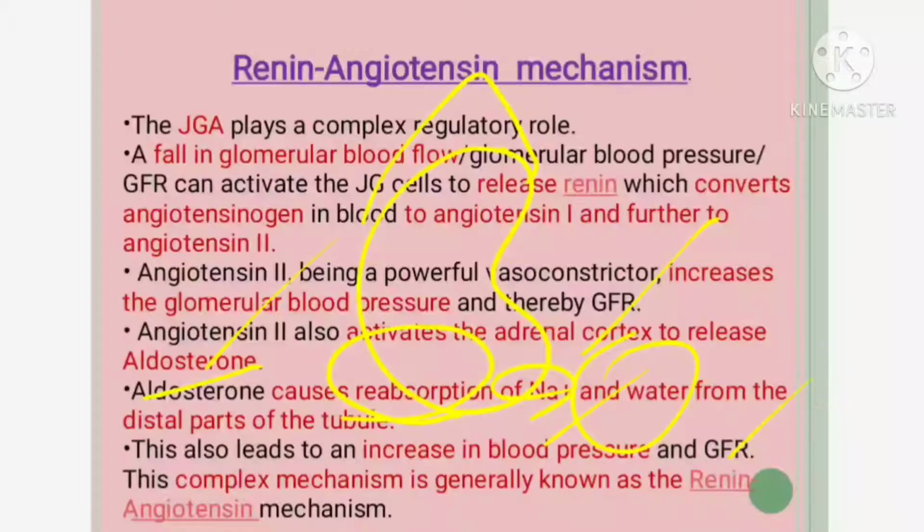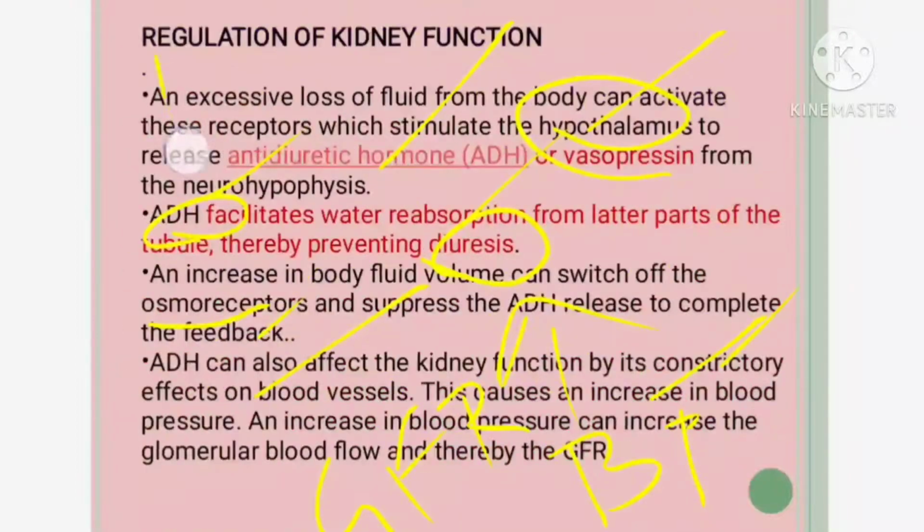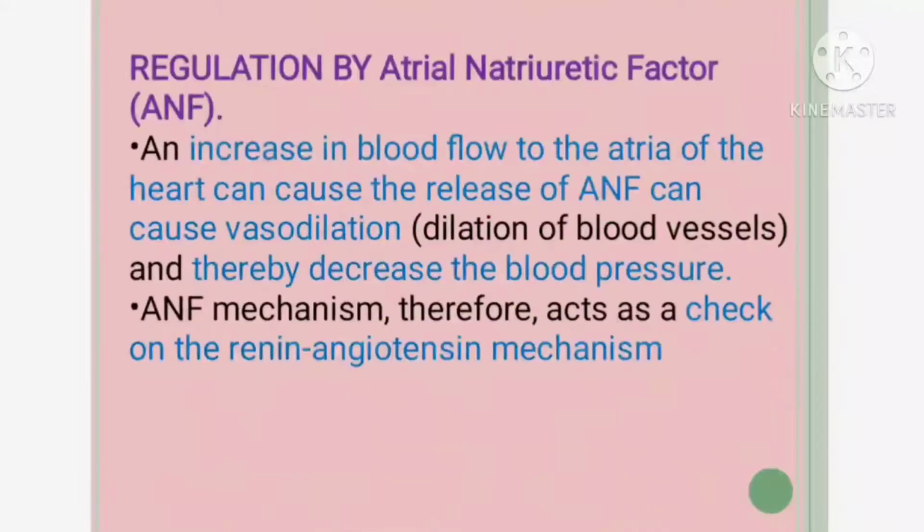I told you how. This complex mechanism, we call it what? Renin angiotensin mechanism. Clear? So the first one was ADH regulating the kidney. Both are increasing the blood pressure, increasing the glomerular filtrate, and increasing the reabsorption.